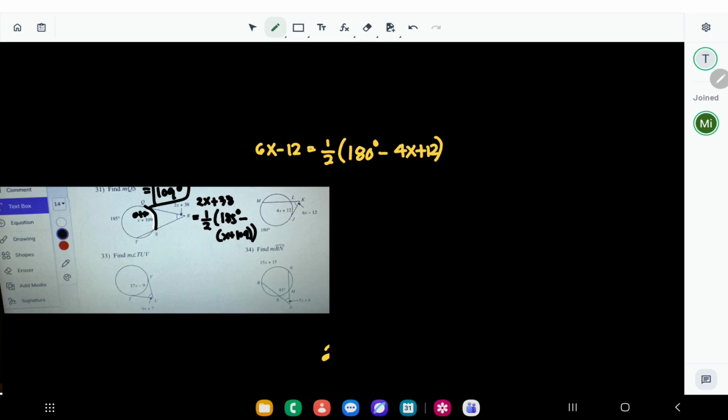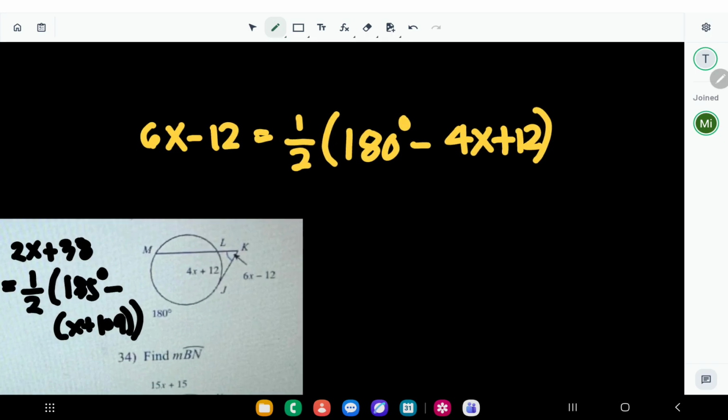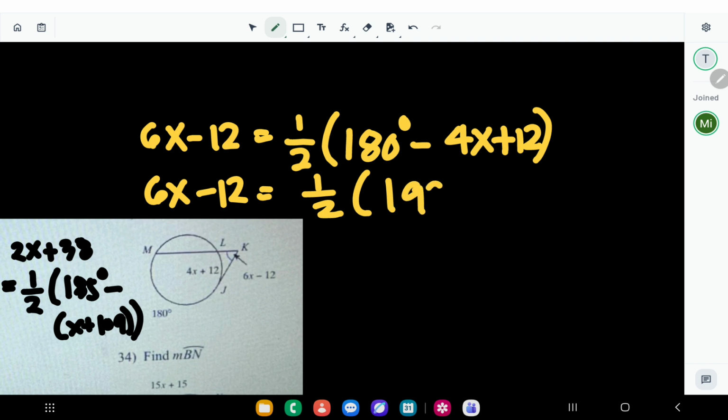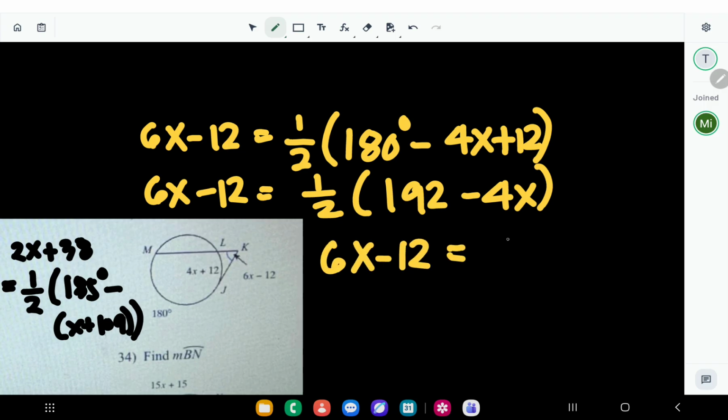And then we simplify. So this is 6x minus 12 equals 1/2 times 180 plus 12, that is 192, minus 4x. What is 192 divided by 2? Okay, 96. Then 1/2 times negative 4x is negative 2x.